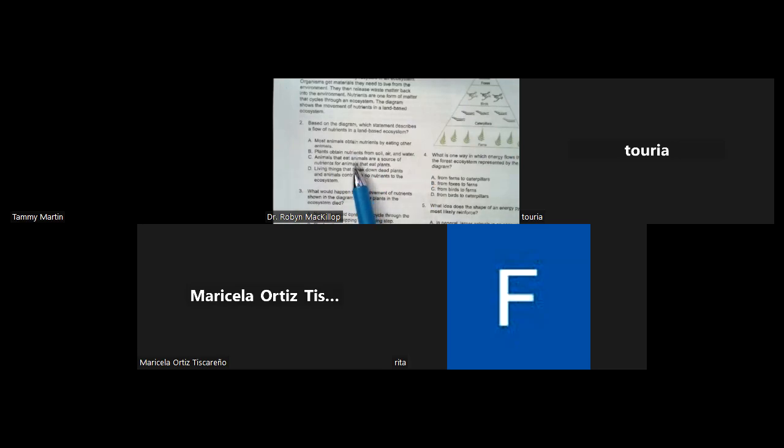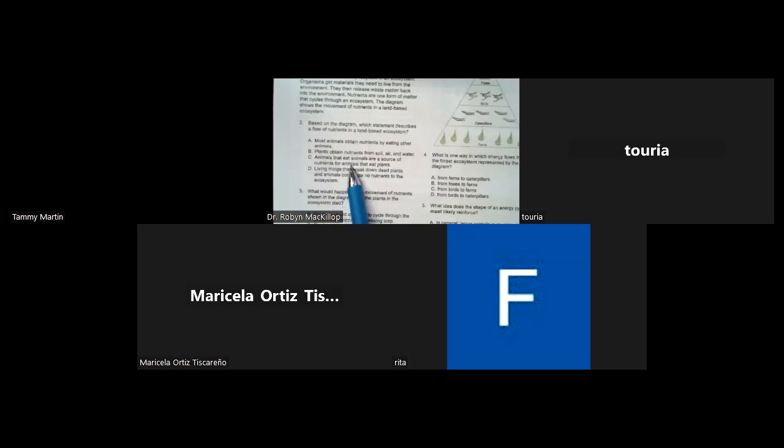So that means, let's say a hawk that eats other animals, would that hawk be a source of nutrients for, what's an animal that only eats plants? Giraffe. Yeah, so it wouldn't, would it? No. So C is out.